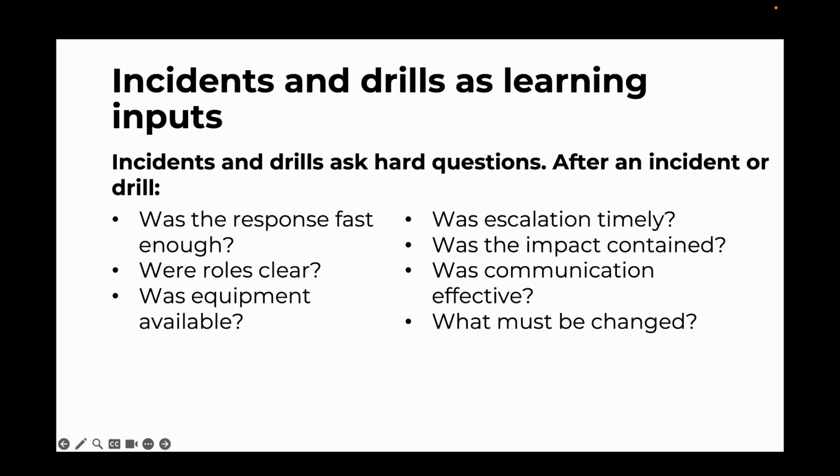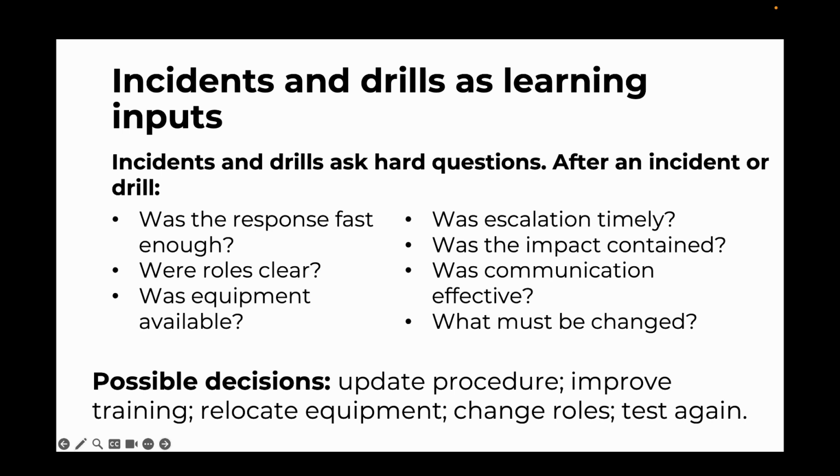What must be changed? The decision may be to update the procedure, improve training, relocate equipment, change roles, or test again. A failed drill is not a public embarrassment. It is useful information. It gives BlueRiver the chance to learn before a real incident causes damage.